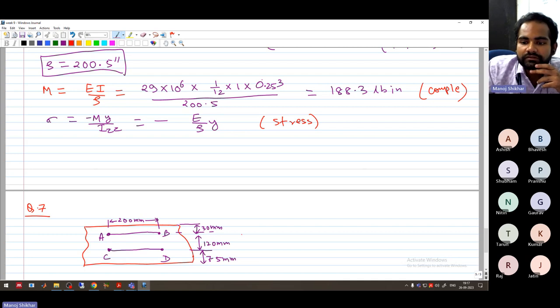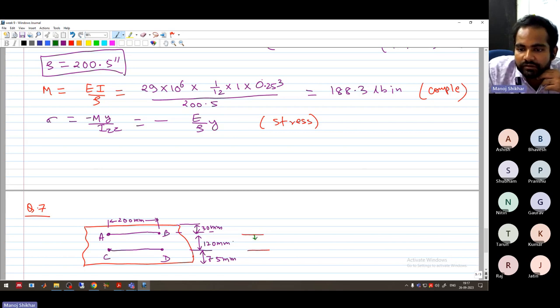What they want is, we will assume that our neutral axis will lie somewhere at x distance from AB. So this is our AB. Our neutral axis will lie somewhere here, like we did in the other question also.